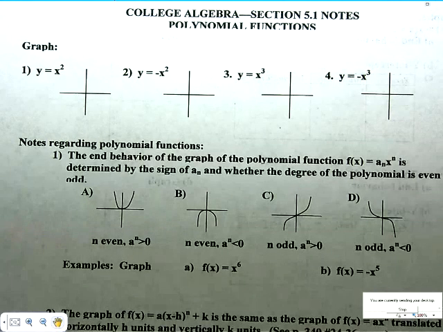Real quickly, graph those first four for me. That should take you 10 seconds because I'm talking rough sketch.